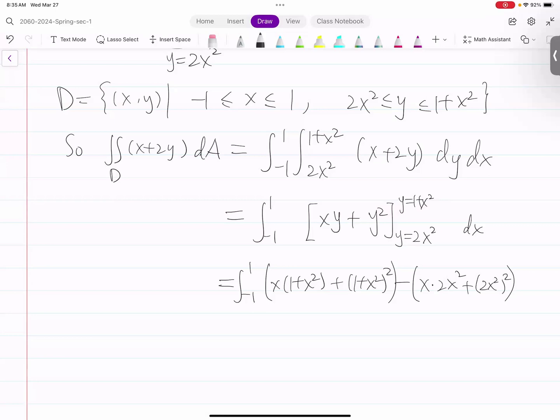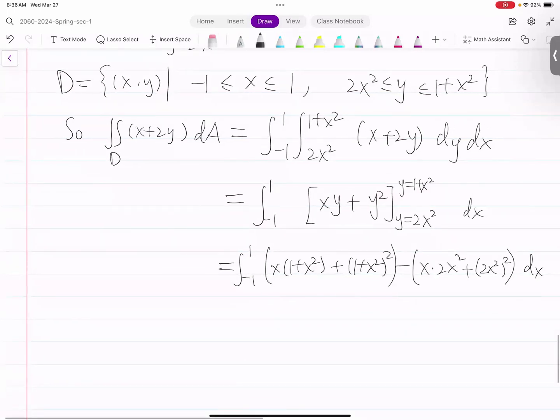Okay. So now we see the function that we're integrating after the evaluation is a univariate polynomial, right? So I would like to mention that this will not be really hard to integrate. So we don't really have to repeat the steps of doing that calculation. Make sure to check that the final answer should be a fraction 32/15.